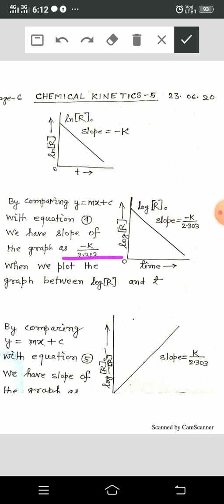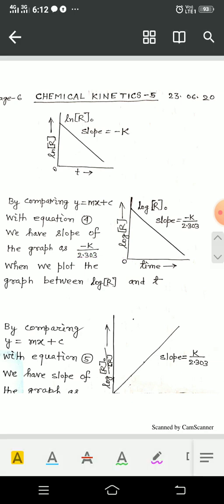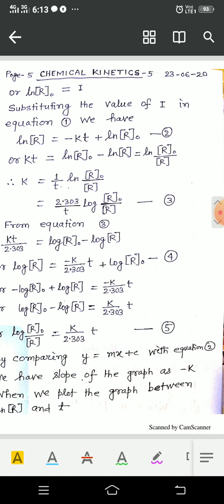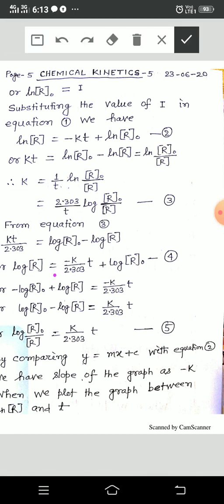So see here, equation 4 has minus k by 2.303. Where is equation 4? Equation 4 is here. So this is m, minus k by 2.303.